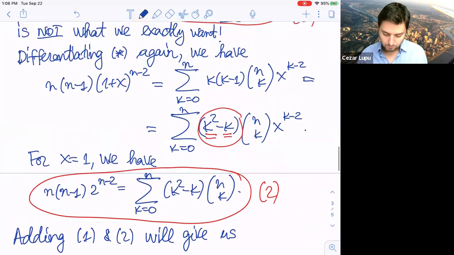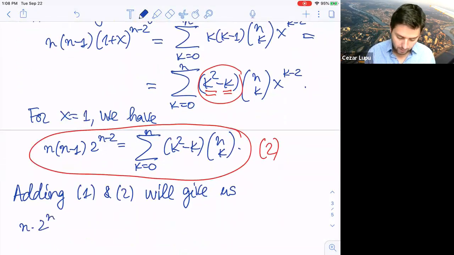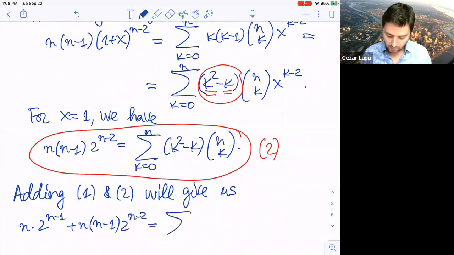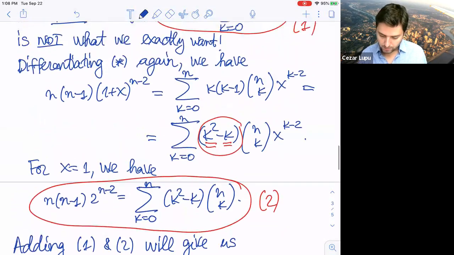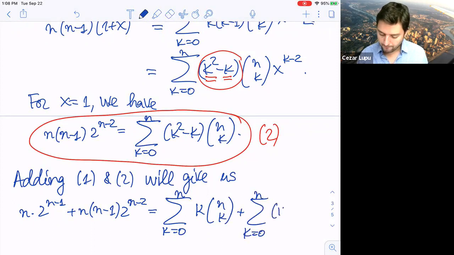Let's see. n times 2 to the n minus 1 plus n times (n minus 1) times 2 to the n minus 2 will be the sum, the first one was k, plus this sum here.